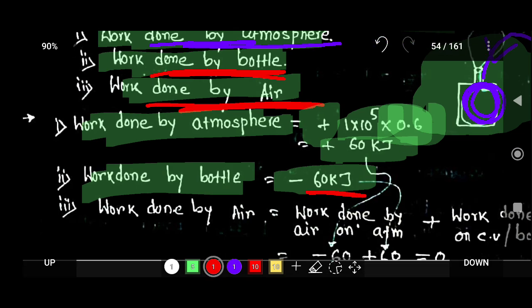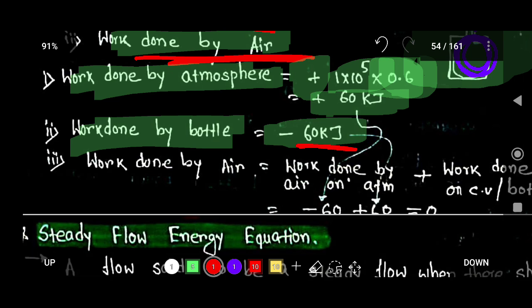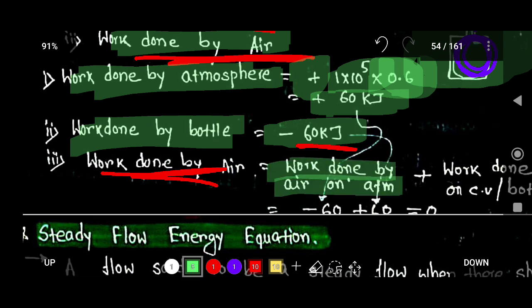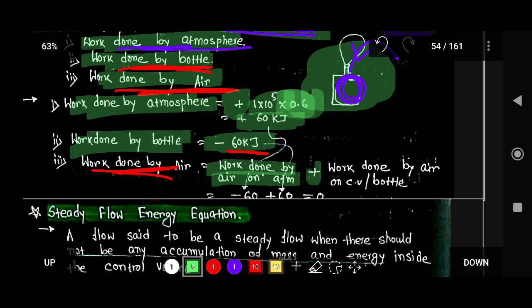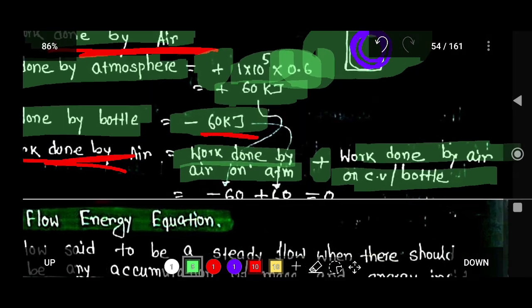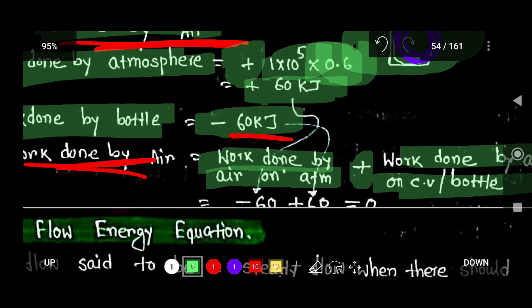Now if you find out the work done by air, this is equal to work done by air on atmosphere plus work done by air on control volume or bottle.